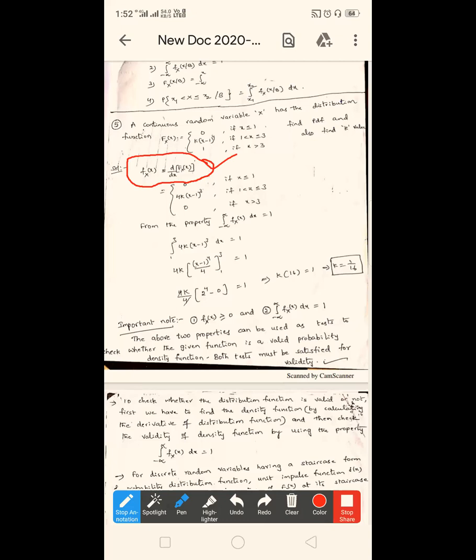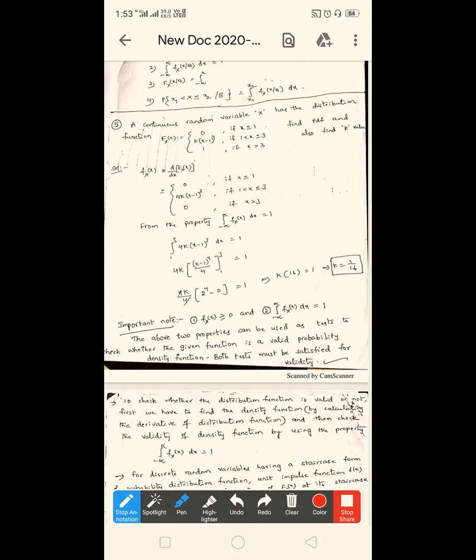So you have to differentiate the given function for the first, second and third ranges. For the first range, the function value is 0. What is the derivative of 0? 0.